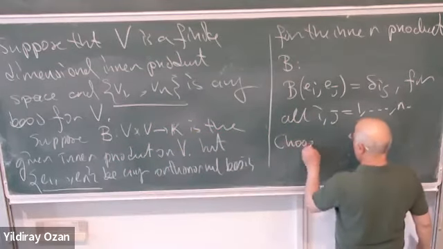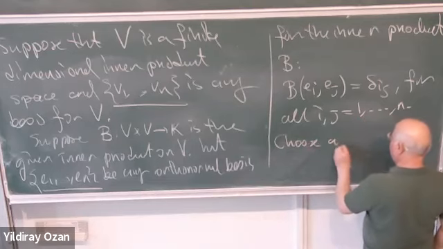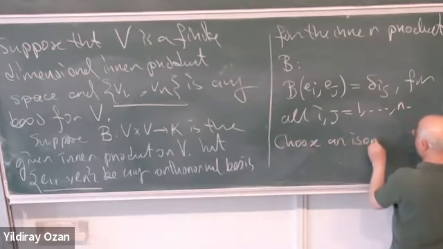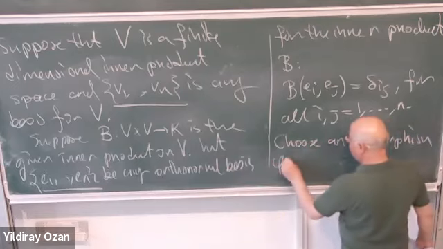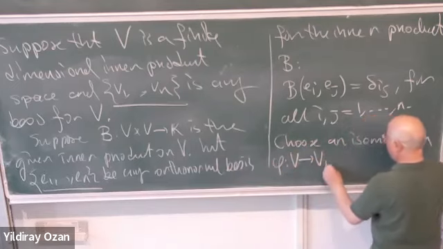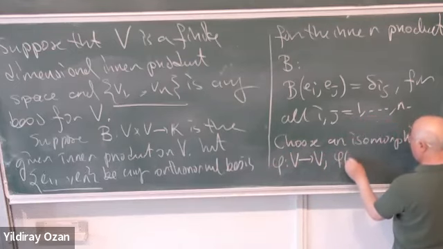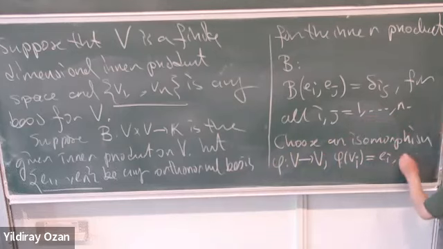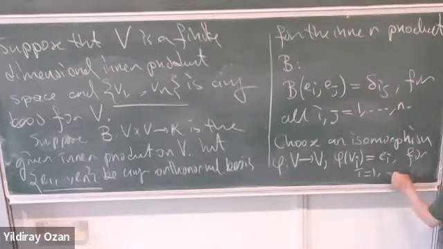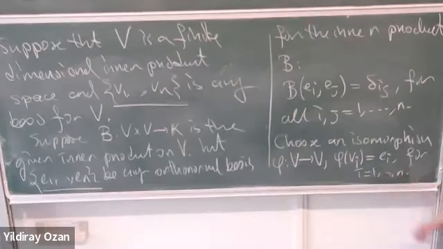Choose an isomorphism phi from V to V, so that phi(vi) is equal to ei for i from 1 up to n. Right, I can write down such a linear map.